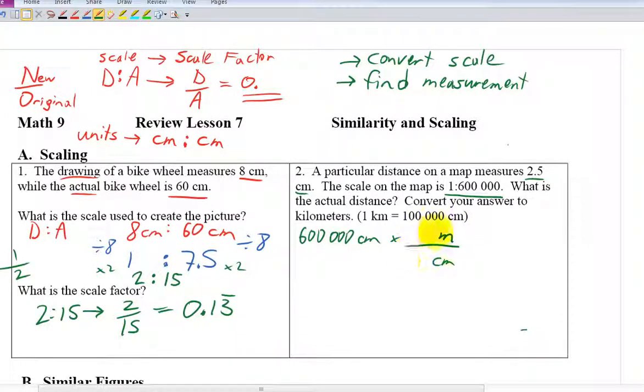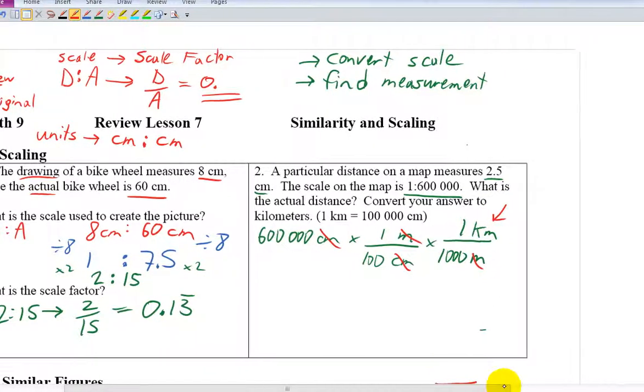So how many centimeters are in 1 meter? 100. Okay. Then I'd have to convert my meters into kilometers. So 1 kilometer has 1,000 meters. I have my units lined up, so centimeters will cancel, meters will cancel, and what am I left with?